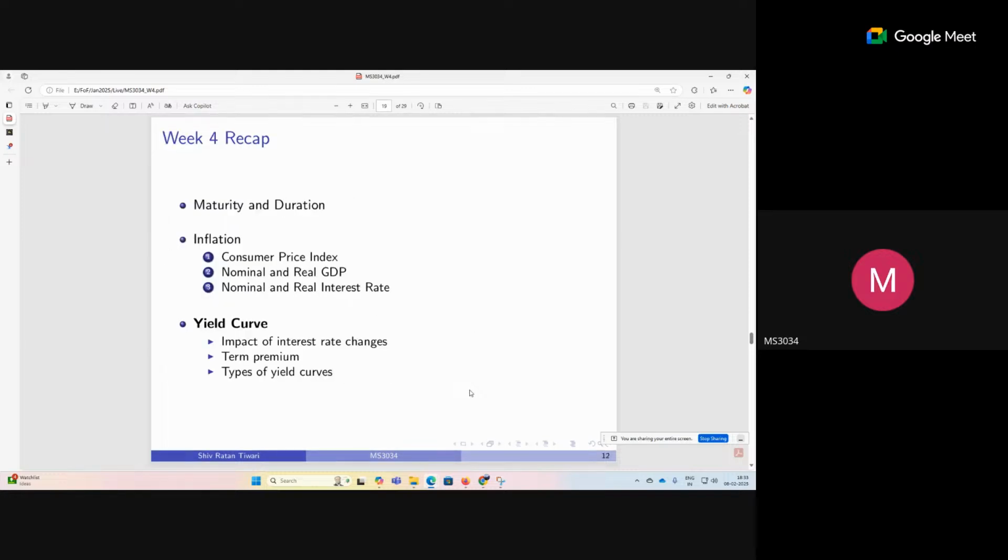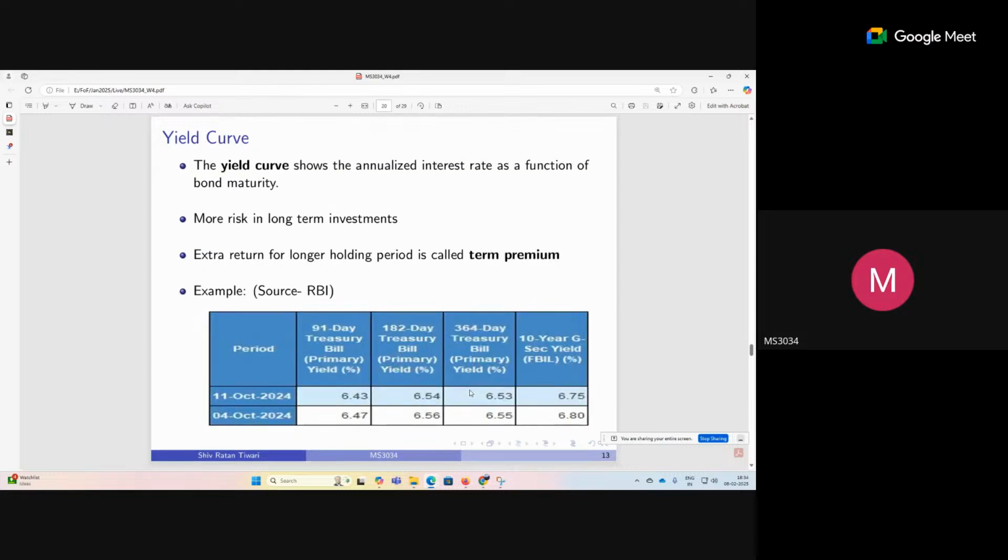Now the third topic which we covered was the yield curve. What is a yield curve? A yield curve is nothing but the relation between the annualized interest rate and the maturity of bonds. And what is an annualized interest rate? We studied this at the end of week 3.